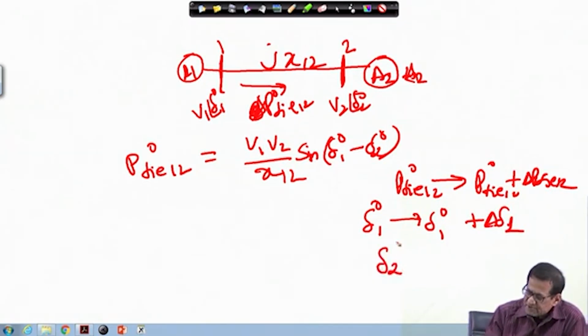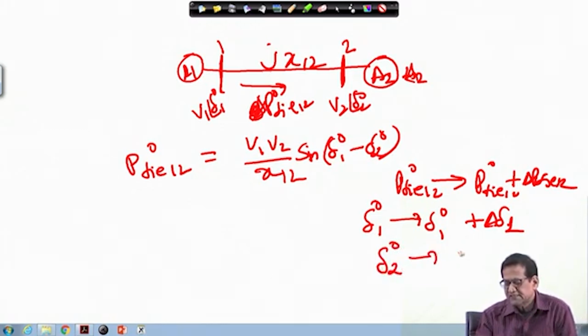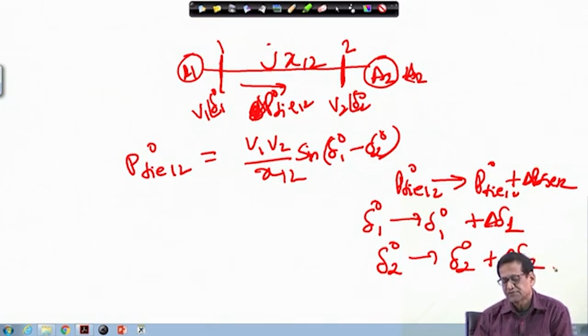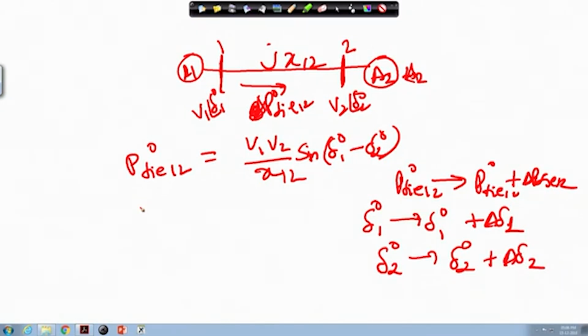Similarly, delta 2 0 will be changing to delta 2 0 plus delta delta 2 due to this. So, all these changes you incorporate here. I now need a lot of space, so I am now deleting this one, but I will rewrite it.